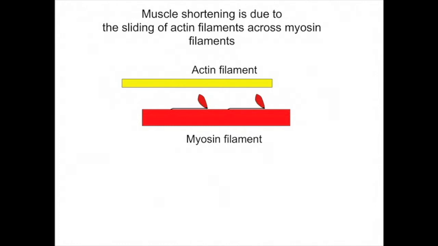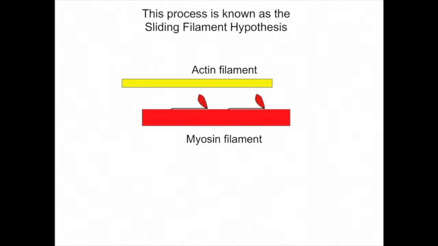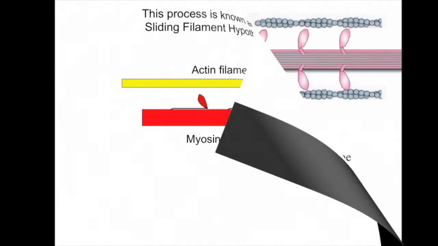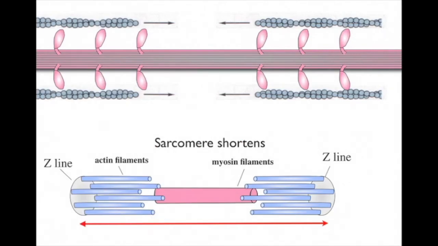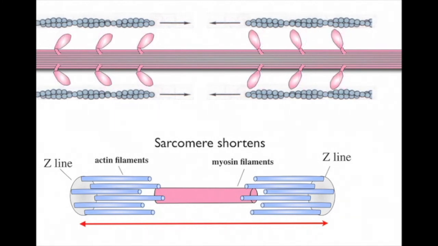Muscle shortening, therefore, is due to the sliding of the actin filaments across the myosin filaments. This process is known as the sliding filament hypothesis. The net result of this process is shown here. In the top figure, the heads of the bipolar myosin move the actin filaments towards the center of the sarcomere.